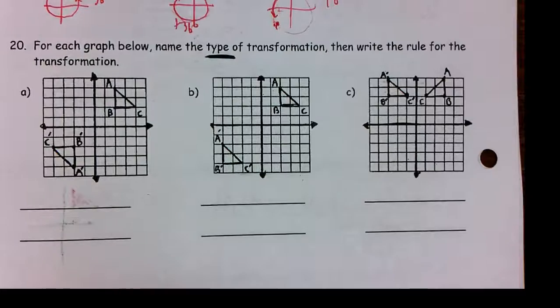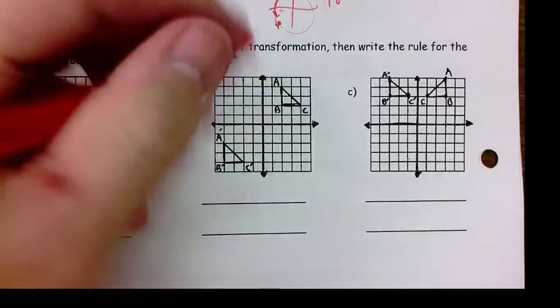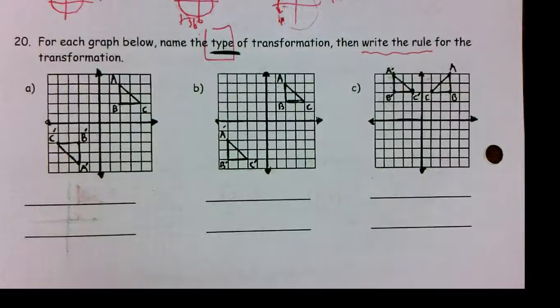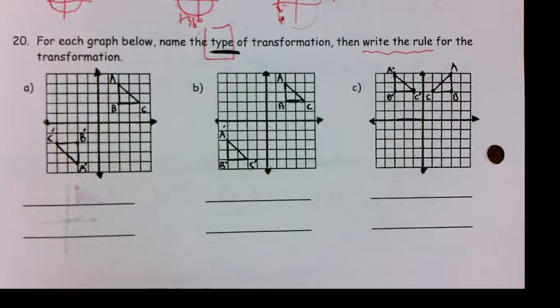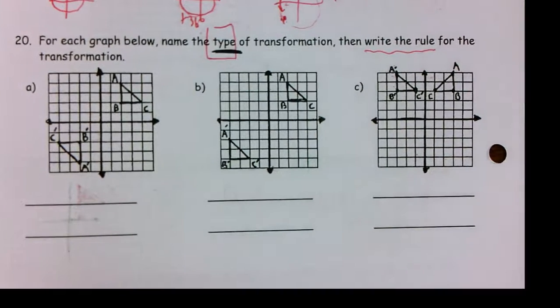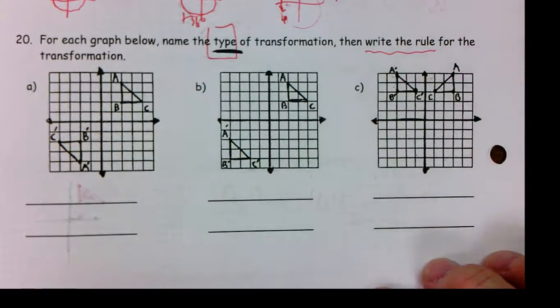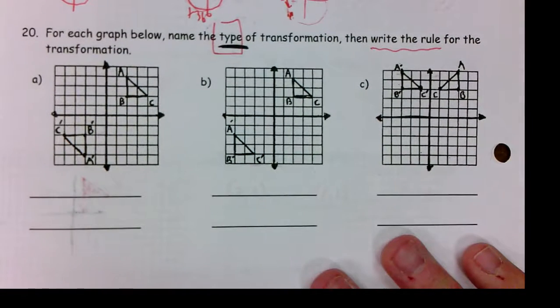All right. So I am supposed to name the type of transformation and write the rule for it. All right, so the easiest one is, well, I don't know. I'm going to start with letter C. Letter C is a reflection, and I think that's fairly obvious.